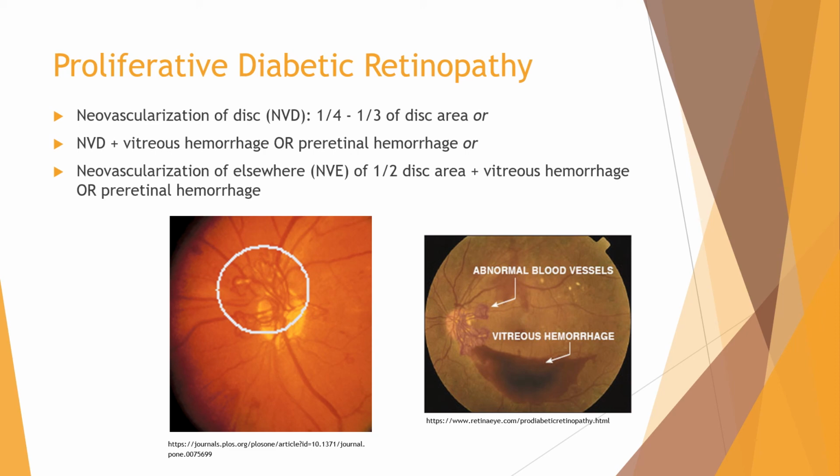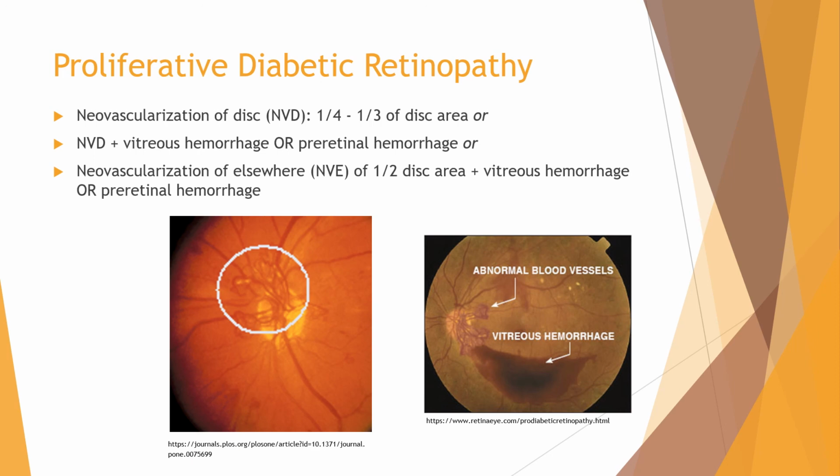These are distinguished from intraretinal hemorrhages because the view of the vessels is obscured. The high-risk PDR is also determined if the neovascularization occurs elsewhere. Elsewhere is defined as more than one disc diameter away from the optic disc.